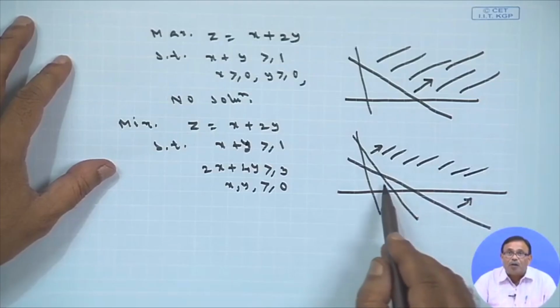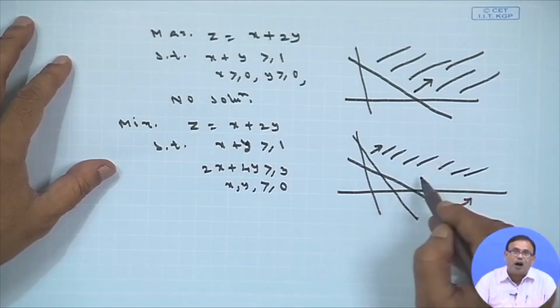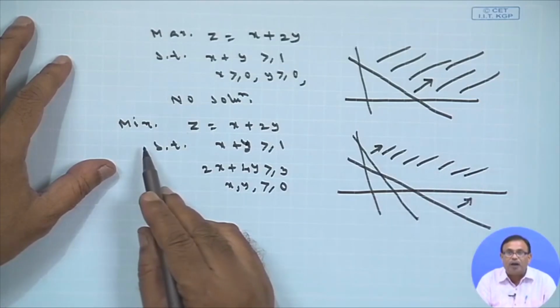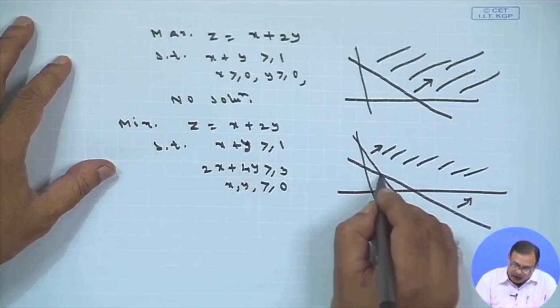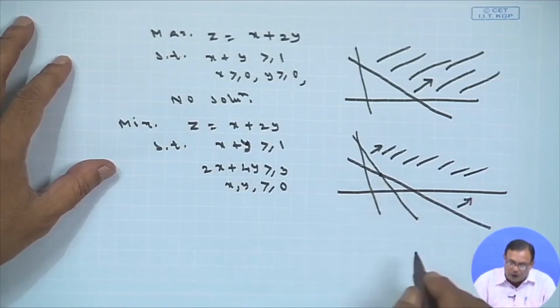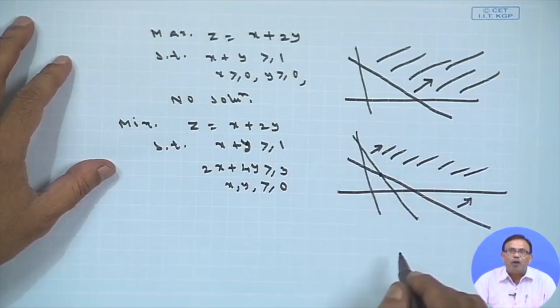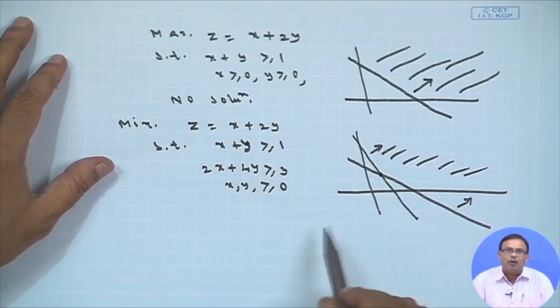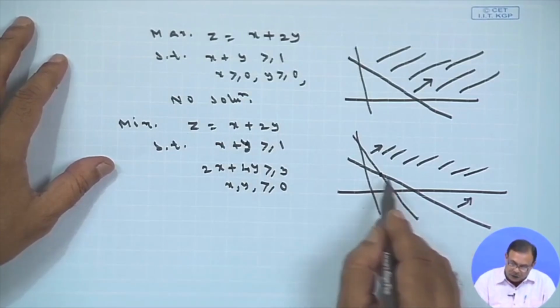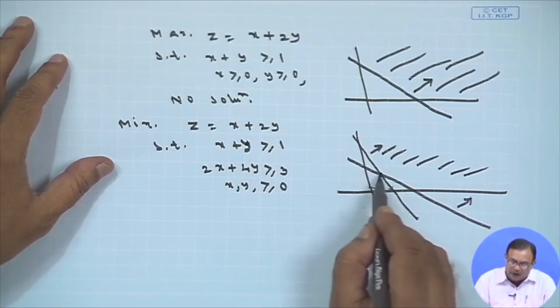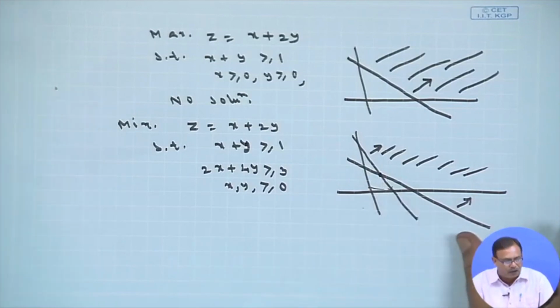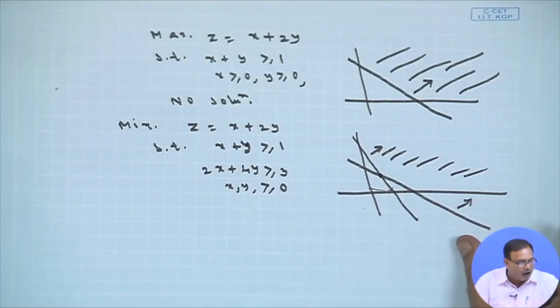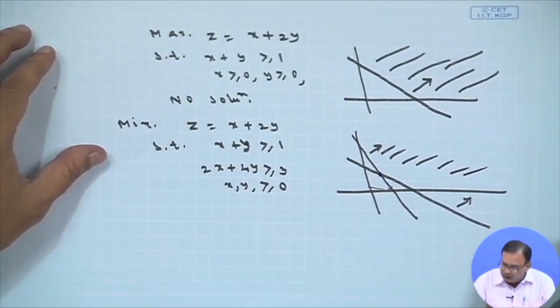Although the feasible region is unbounded, this is a minimization problem, so at this point you can obtain the minimum value, and this is possible only because A, B, X, Y are all greater than or equal to 0. So at one of these points you will get the minimum value of the objective function, but in the other cases you will not obtain this value.